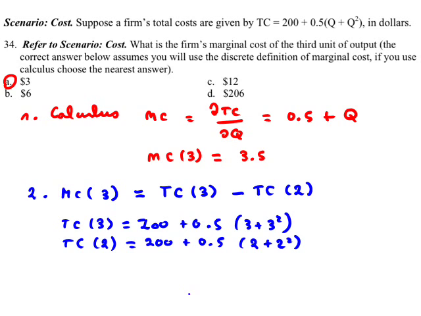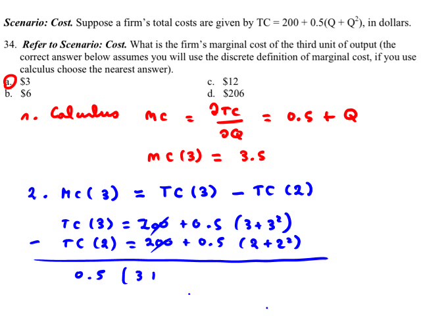Now you just need to make the difference. The 200 cancels out, and you have 0.5 multiplied by 3 plus 9 minus 2 minus 4, which gives exactly 3. So again we find our answer A.